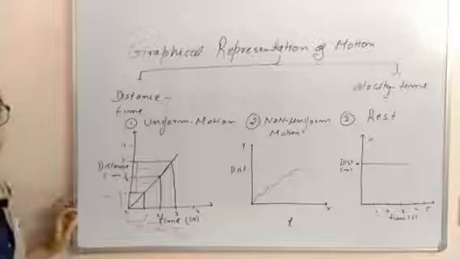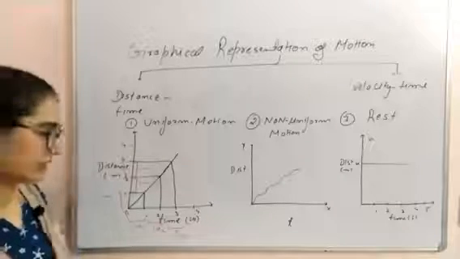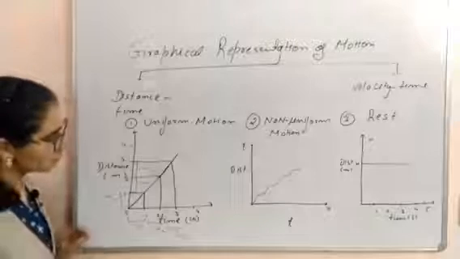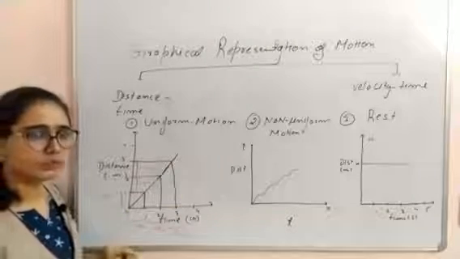Then there are three types of distance-time graph we have discussed. Now, one of the most important things for the distance-time graph, while we solve numericals by the graphical method: you can note it down, you can pause the video and note it down.